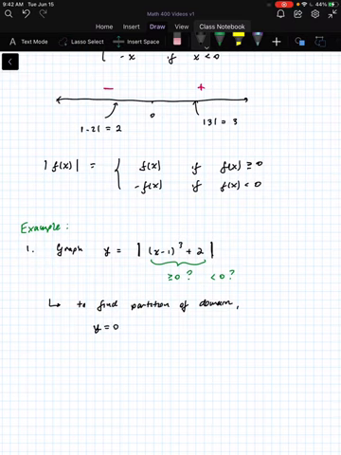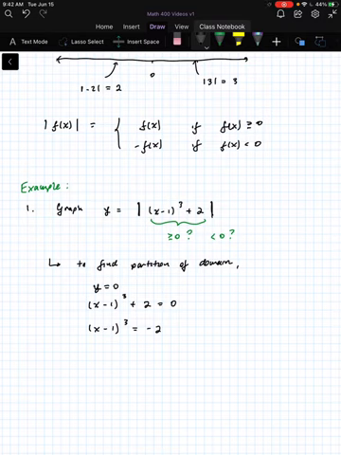So we're going to set y equal to 0, which means (x minus 1) cubed plus 2 equals 0, which means (x minus 1) cubed equals negative 2. So x minus 1 equals the cube root of negative 2. Remember, you can take the cube root of a negative number, so that just means the negative gets pulled out.